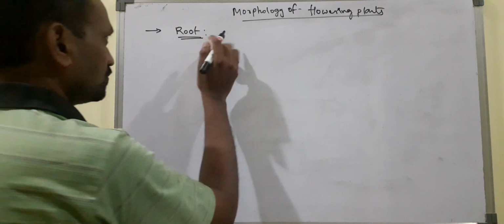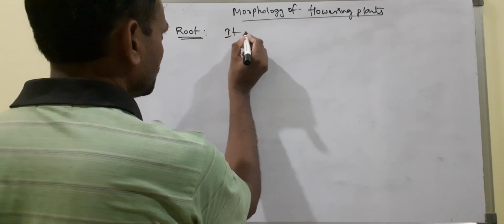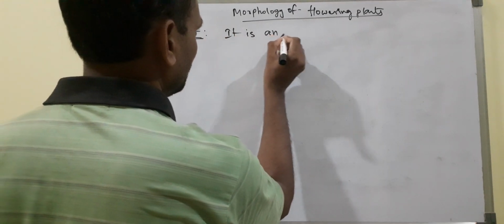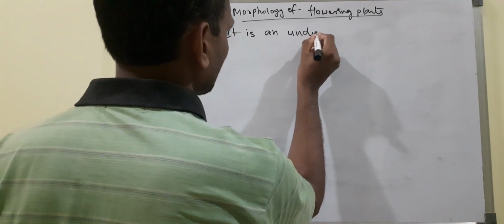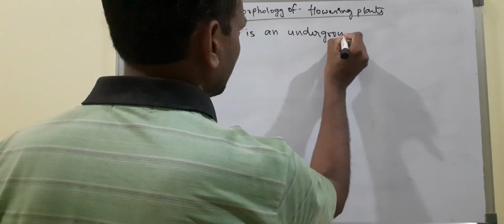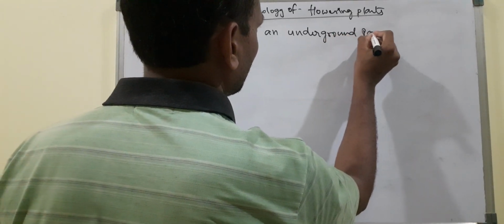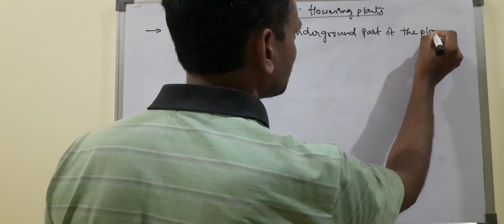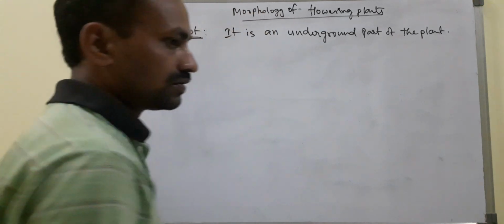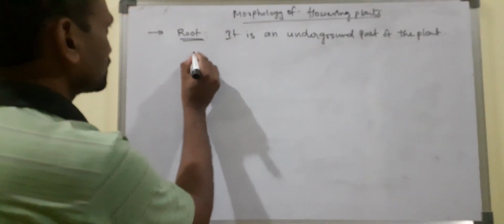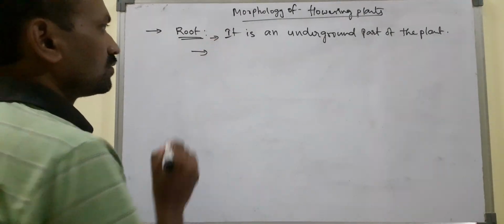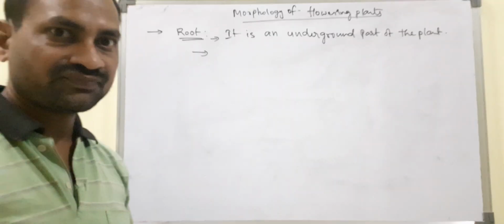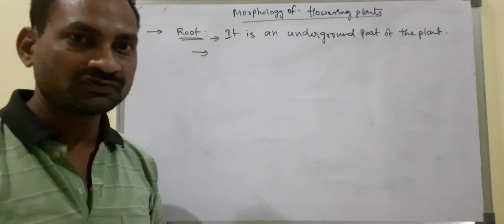Here it is an underground part of the plant. And there are some characteristic features of roots. First one, it is an underground part of the plant.